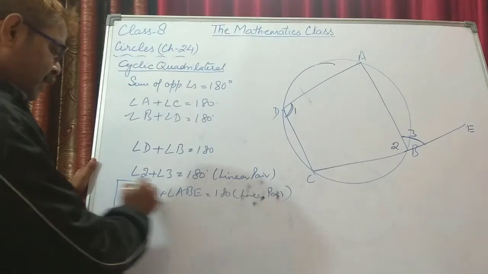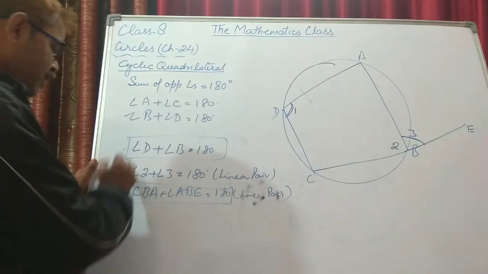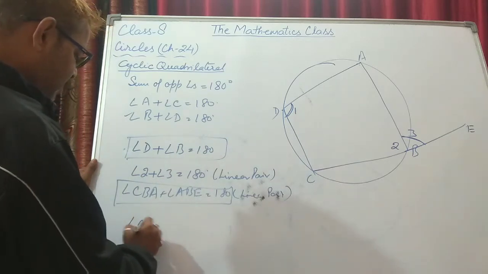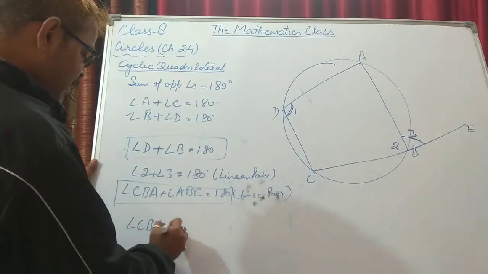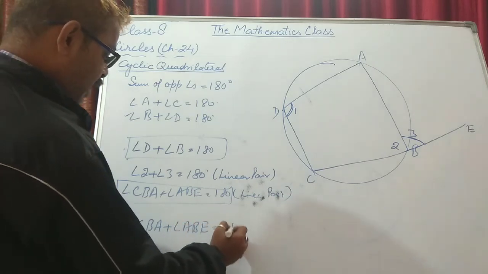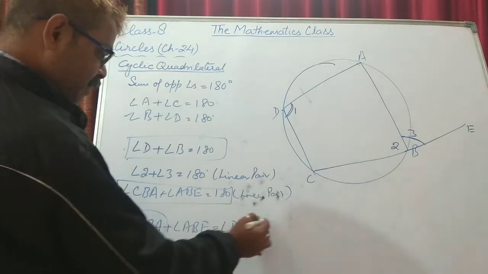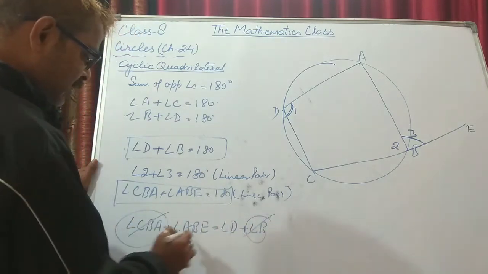Now this is equal to 180, at the same time this is also equal to 180. So we can equate them. When we equate, angle CBA plus angle ABE is equal to angle D plus angle B. Now angle B is this, at the same time angle B is this, so these two cancel.